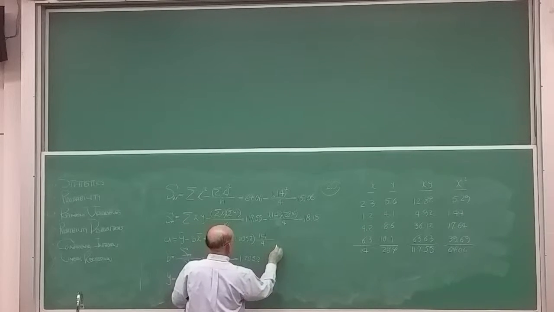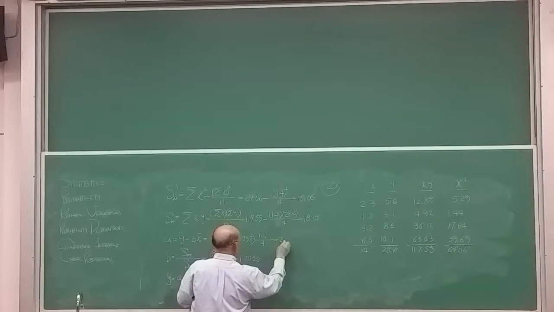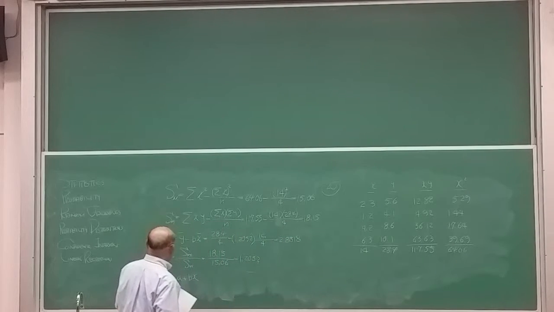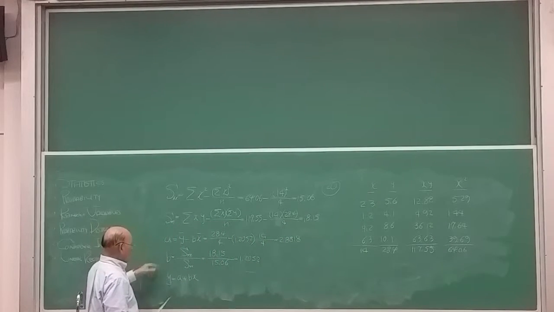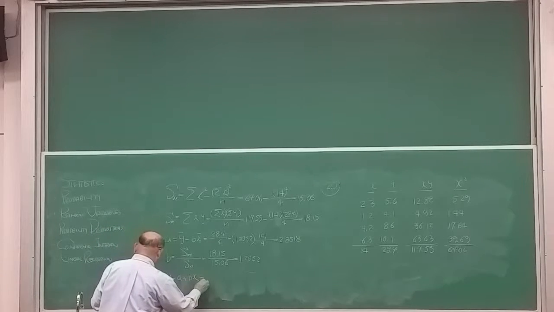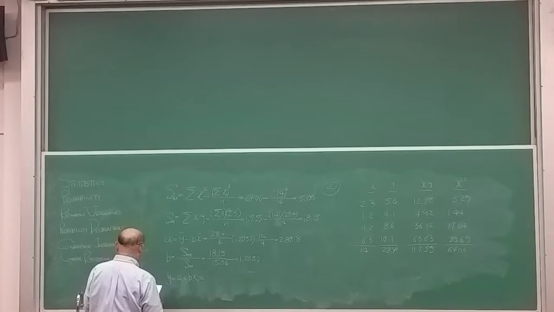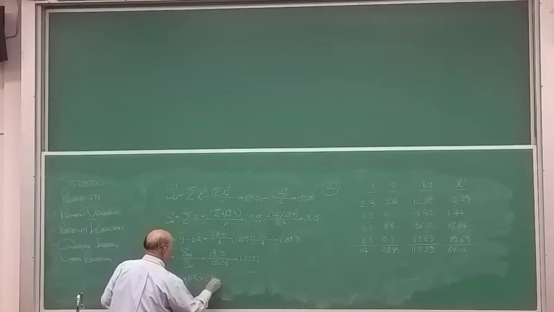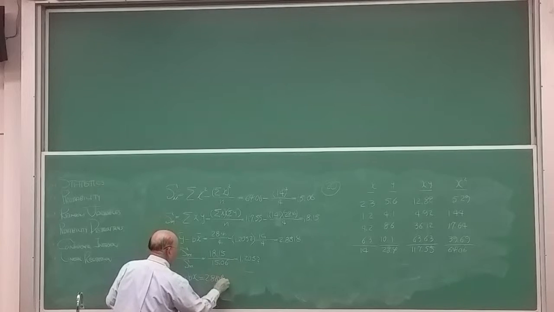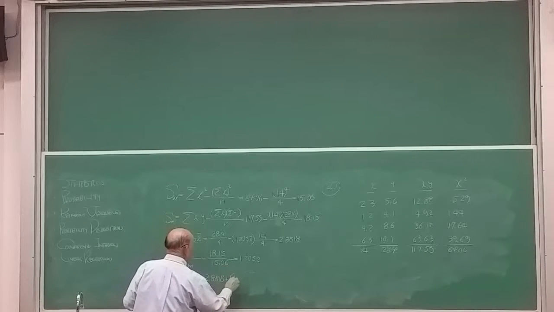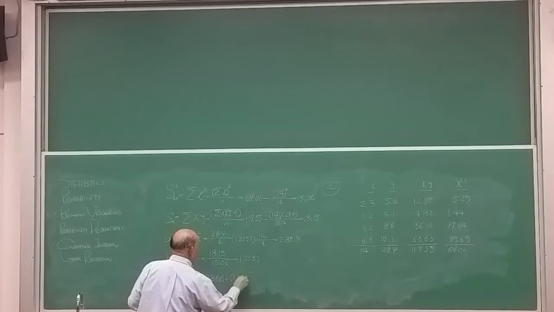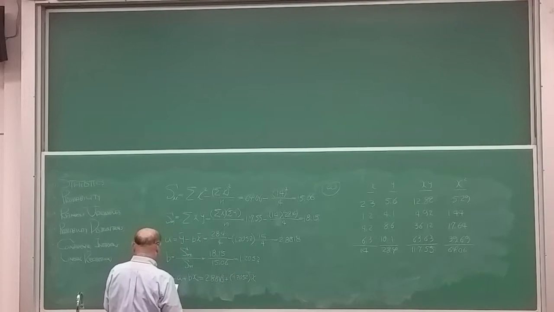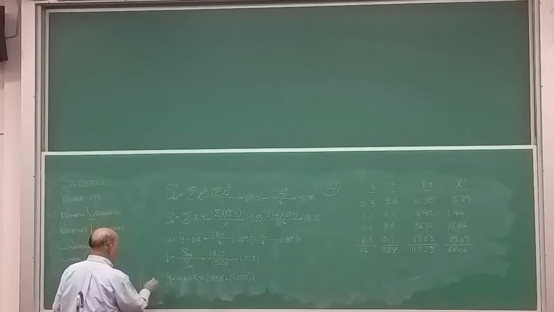And the answer I'm getting is 2.8818. That's it. So I have A and B. So the answer is 2.8818 minus B, which is 1.2052, times X. That's it. That's the answer.